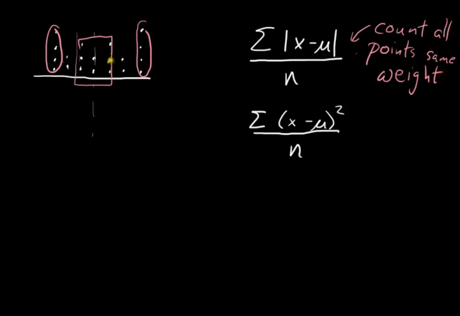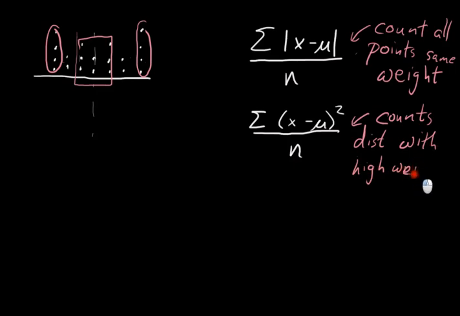Of course, if I take one of these, the distance is smaller, so the absolute value of x minus mu isn't as big, but we're still giving it just as much consideration. If I put the square in it, it counts a particular distance with a weight that's proportional to that distance. The bigger it gets, the higher its weight.